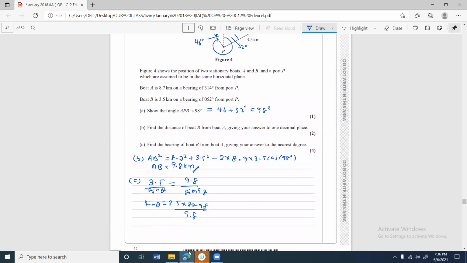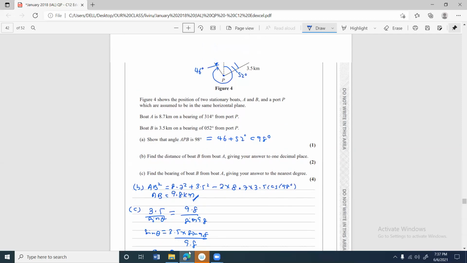So theta is equal to sine inverse of 3.5 into sine 98 divided by 9.8. It is 20.71.